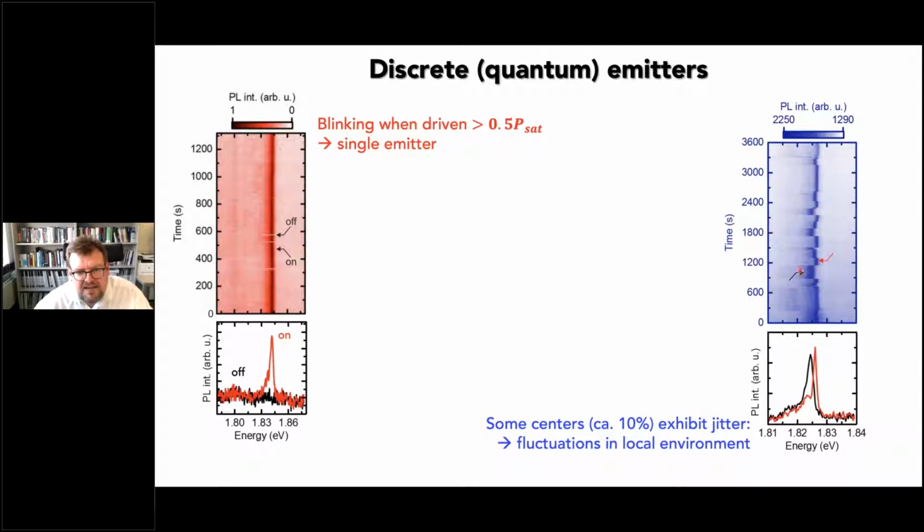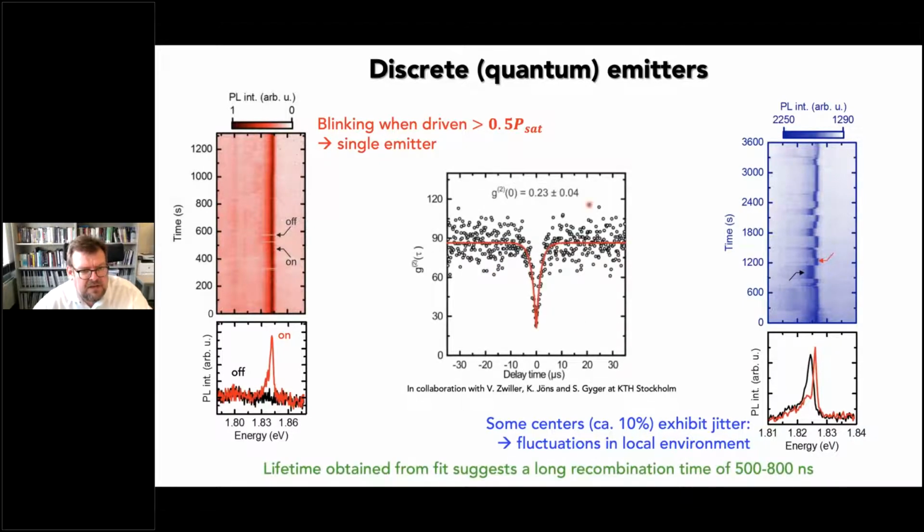Some emitters at certain frequencies also exhibit some jittering, and this is showing random telegraph noise, meaning that you're seeing discrete jumps in the local electrostatic environment of this defect. And of course, if you look at photon statistics, you also see anti-bunching. That tells you you really are dealing with quantum emitters which are generating photons one at a time from these types of systems.